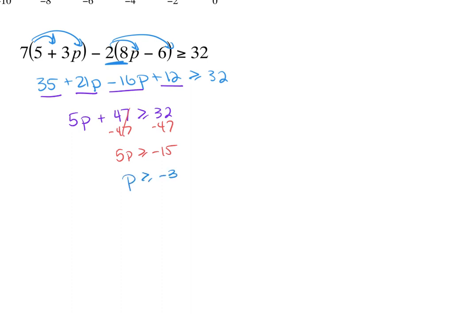If you look back at your number line, which is now way up there at the top, and it won't let me grab it. On your number line, make sure that you open and close circle correctly. So in this case, we're going to have a closed circle at -3. It is greater than -3, so we're going to shade everything to the right.